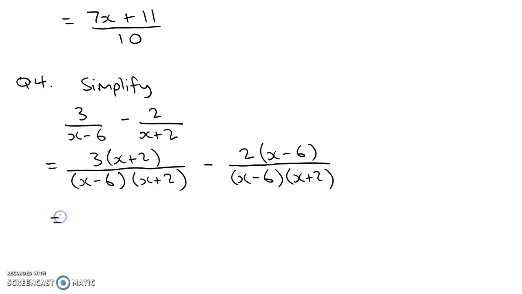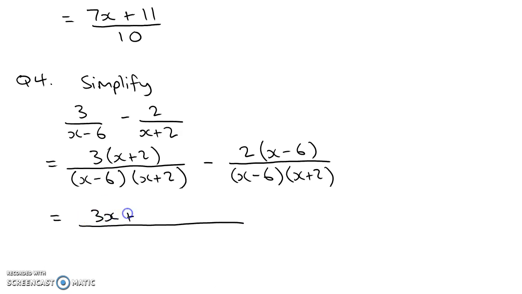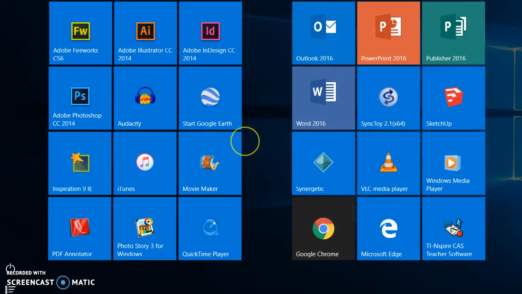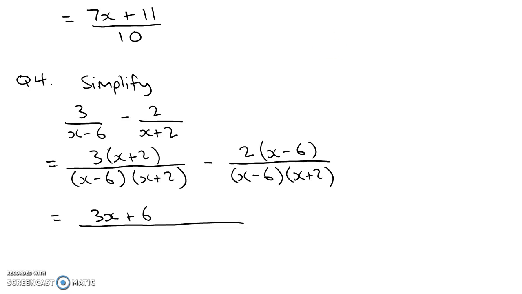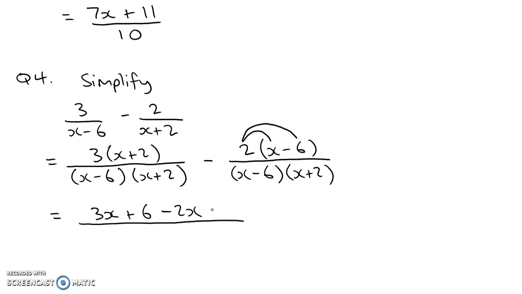Alrighty, now let's write it all out in one fraction. So up the top we've got 3x plus 6. This negative sign here applies to the 2. So if we multiply minus 2 by x, we get minus 2x, and then minus 2 by minus 6, we get plus 12.